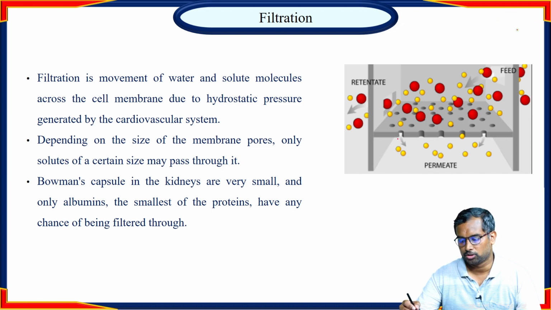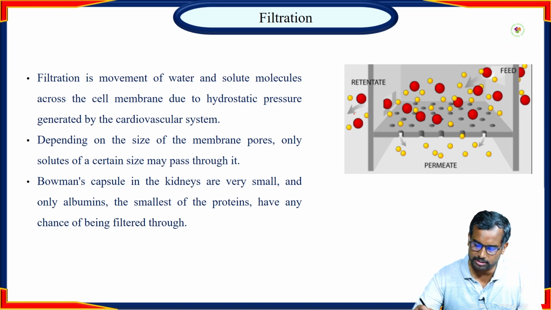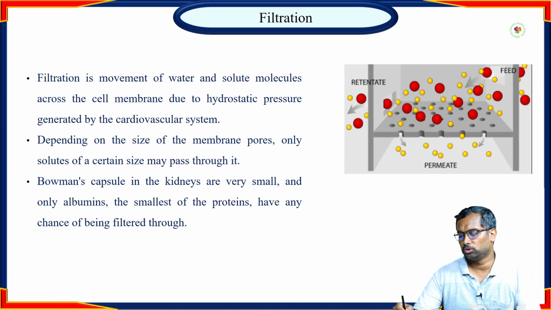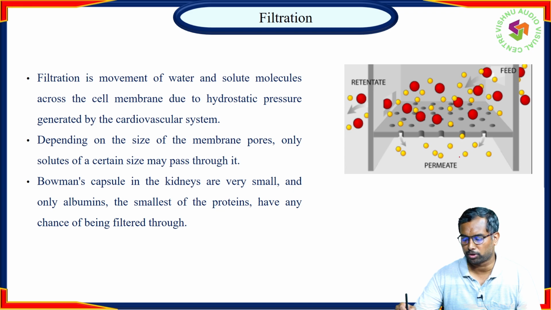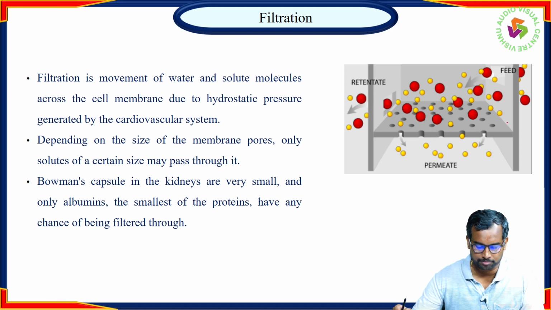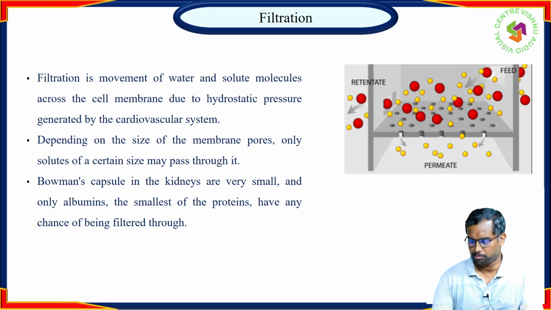Because of this, you have a retentate section where the red molecules, along with certain yellow molecules, are collected, whereas in the permeate section you will have only a dispersion of the yellow molecules, which are smaller than the filter media pores. The process of filtration is governed by the size of the membrane pores.